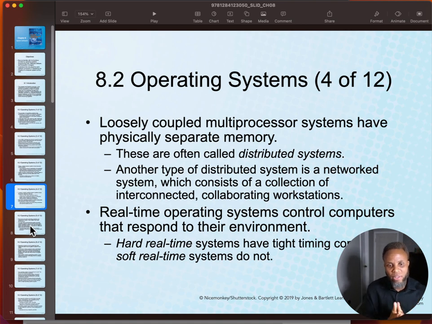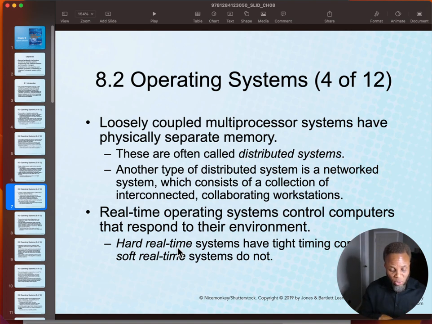If you think about nuclear reactors, spaceships, or anything that has very, very hard timing constraints, these kinds of tasks must be executed by real-time operating systems. Okay, and then the soft real-time operating systems do not necessarily need to have timing constraints.